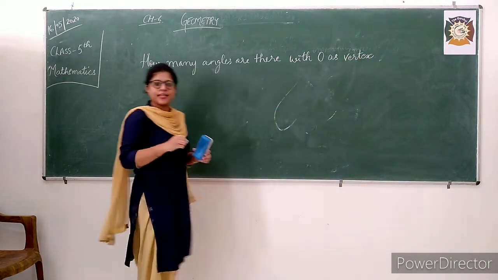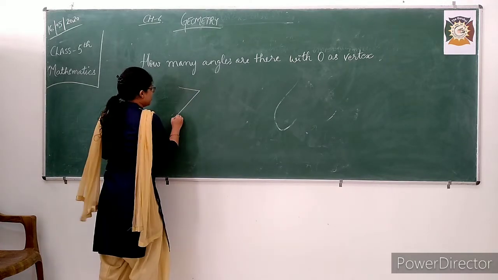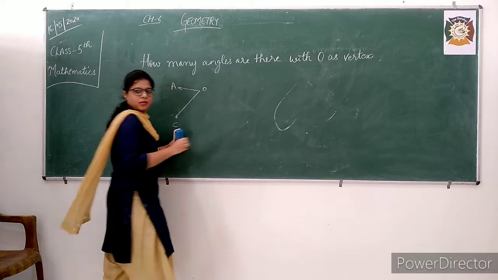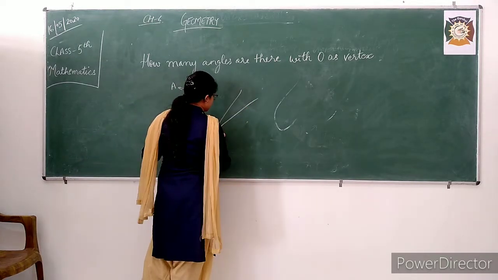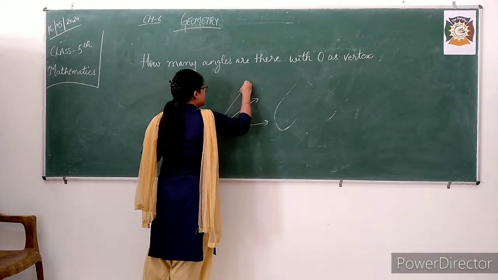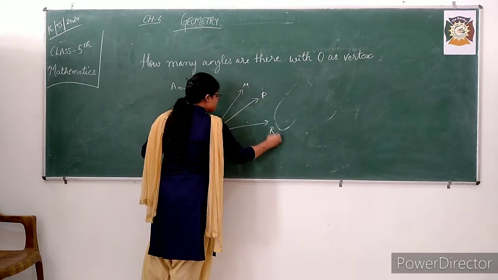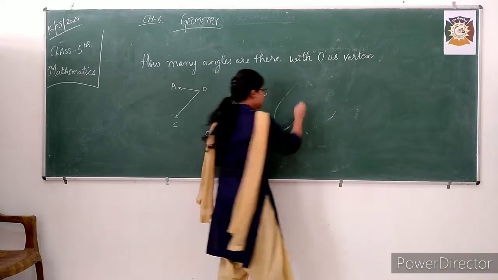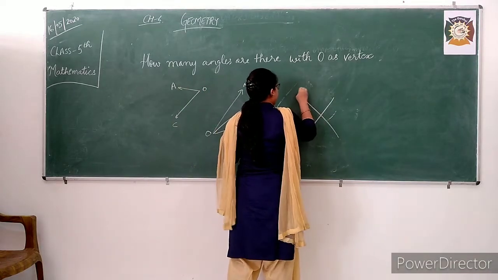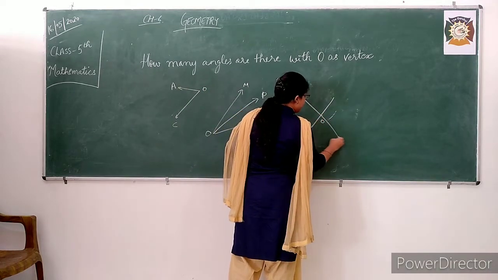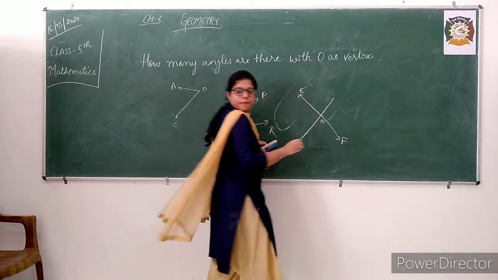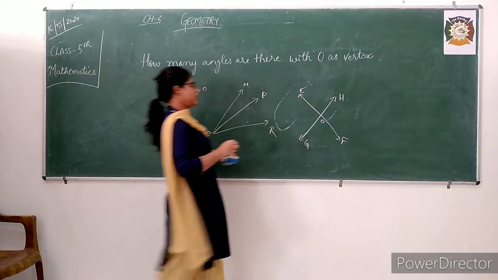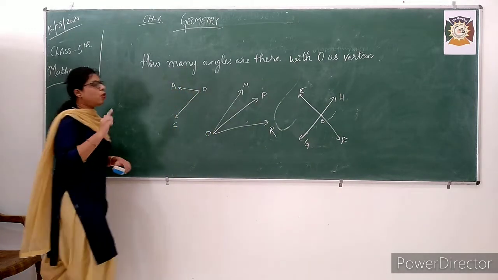The three diagrams that we are given: the first diagram is this, AOC. Next is this. The third one is this. Let's do it. With O as vertex.